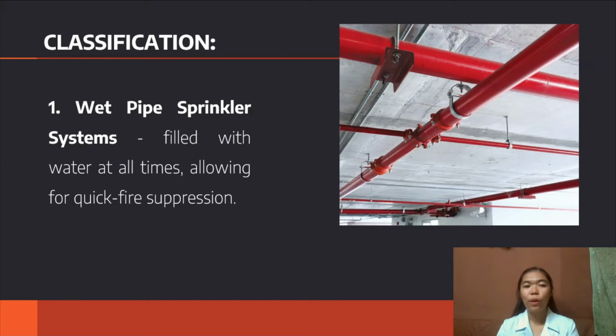Classification 1. Wet pipe sprinkler systems. These systems are filled with water at all times, allowing for quick fire suppression. These are the most common types of sprinkler and are both cost efficient and low maintenance. 2.